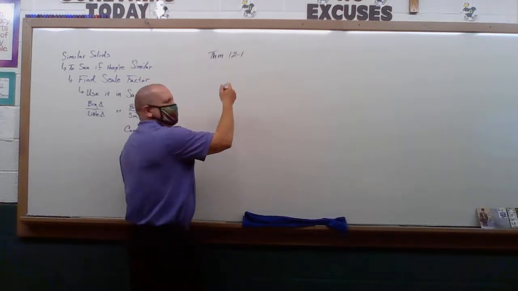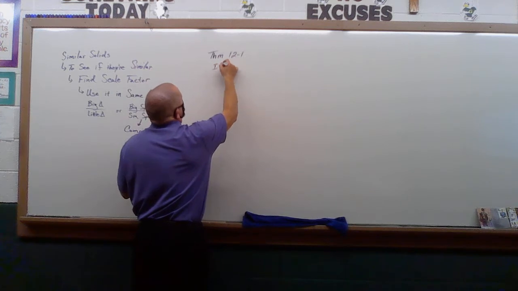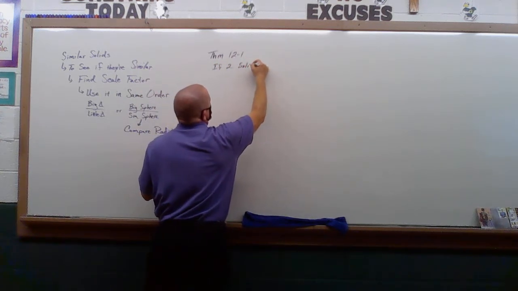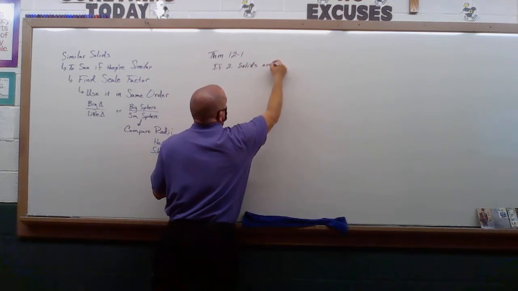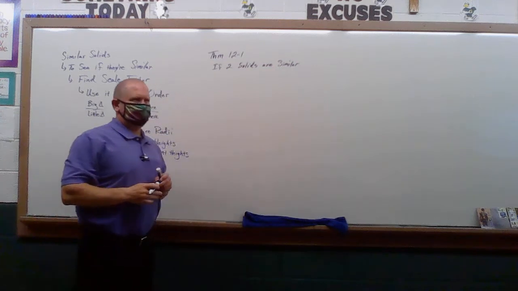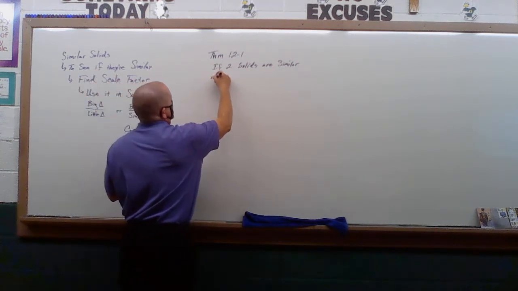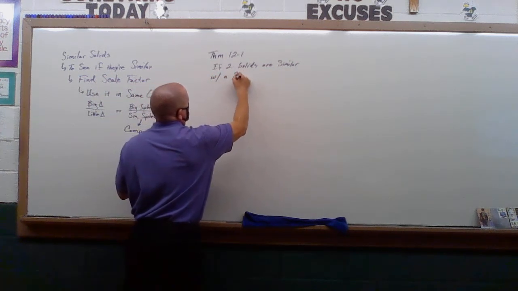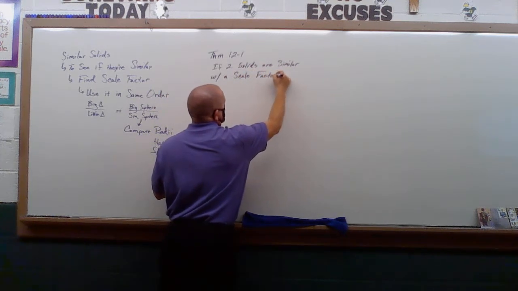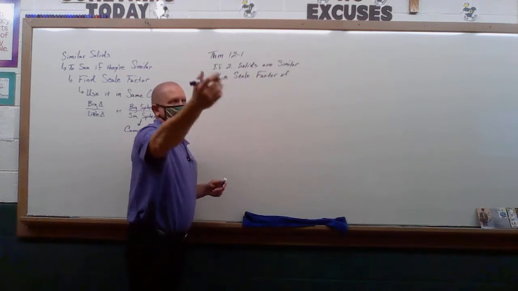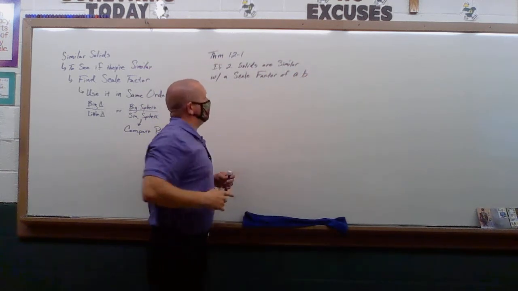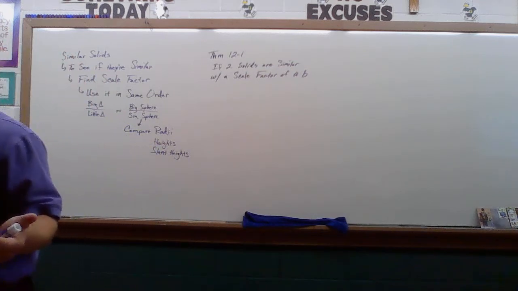So the theorem says if two solids are similar, with a scale factor of A to B, for instance. It doesn't matter what it is. So again, remember my scale factor could be written like this. It could be written as a fraction.